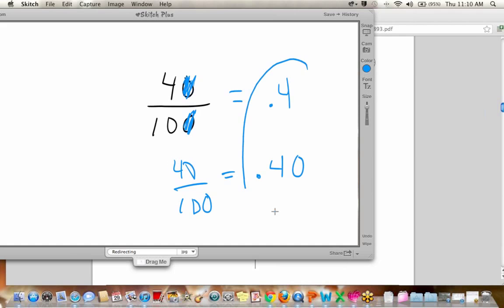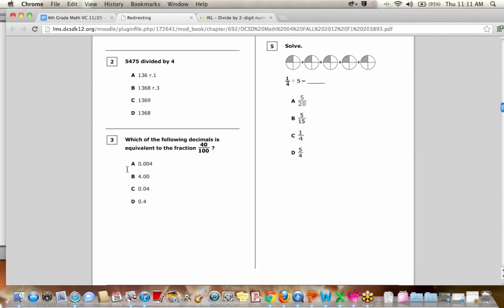Are these two numbers the same? Yes, they are. These two numbers are the exact same quantity. You don't even really have to write this 0. So let's go find our answer. Oh, here it is. 0.4 or 4/10.